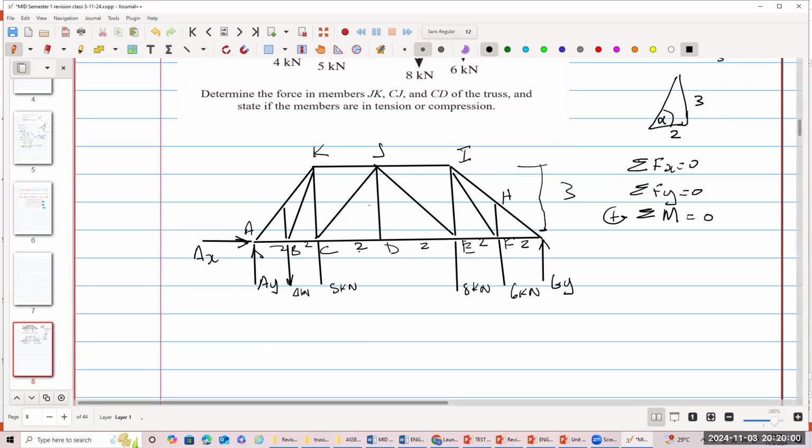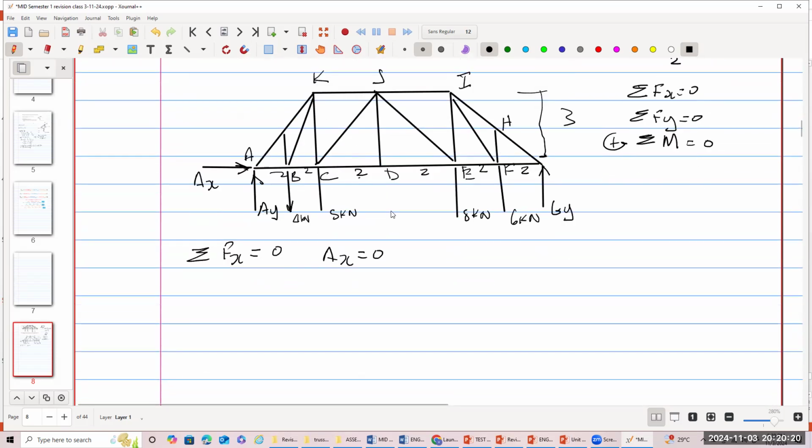In the x, we already know by inspection that the sum of forces in the x is equal to 0. So Ax is equal to 0 because it's the only one acting horizontally. We don't have another force acting horizontally, so that one is 0.